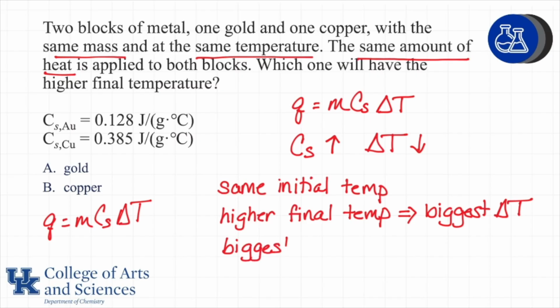If we want a bigger delta T, then we need to have a smaller value of the specific heat, because those two values are inversely proportional to one another. Therefore, gold is the correct answer. It has a smaller Cs, so it's going to have a larger delta T and will have a higher final temperature.